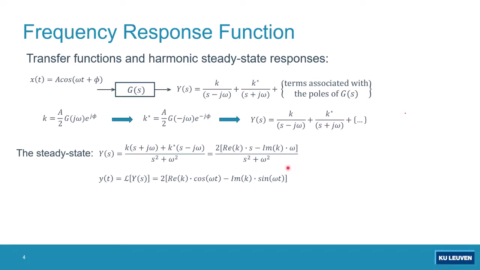I just have to refer to my Laplace table. S over S squared plus omega squared in time domain is equal to cosine omega t, while omega over S squared plus omega squared is equal to sine omega t. You can check your Laplace table.